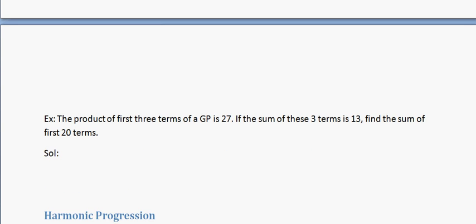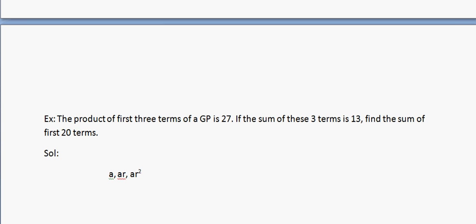Now let's look at a question which will tell you how to assume the terms in a GP, right? So the product of first three terms of a GP is 27. If the sum of these three terms is 13, find the sum of first 20 terms, right? So we know if first term is a, second term is ar, and third term is ar square, right? These are the three terms of a GP, right?